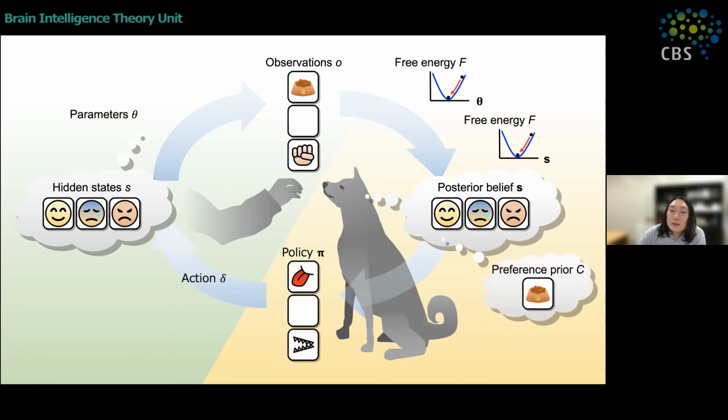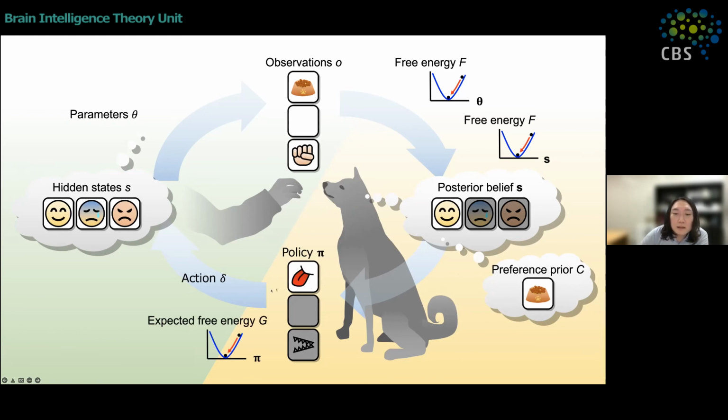Interestingly, the same framework can be applied to explain the generation of action. Here, this dog has some preference about the input stimuli, and to achieve this sensory stimuli, the dog selects the best action that minimizes the future free energy, which is called expected free energy.